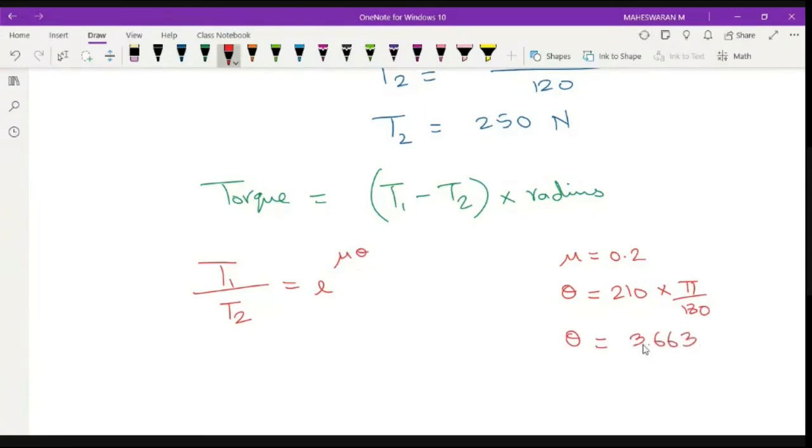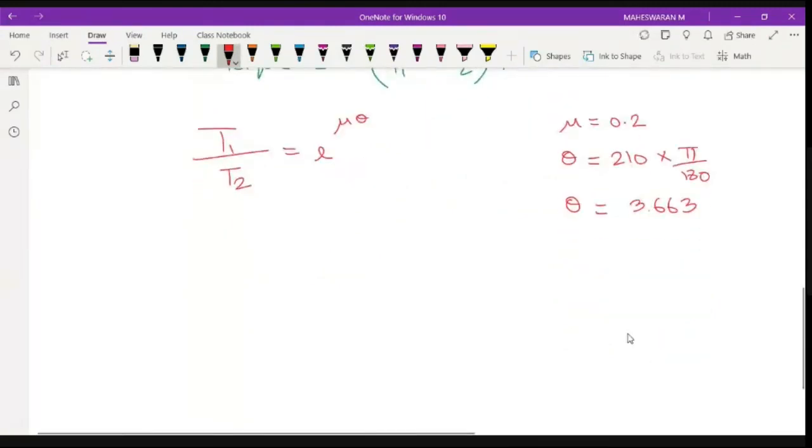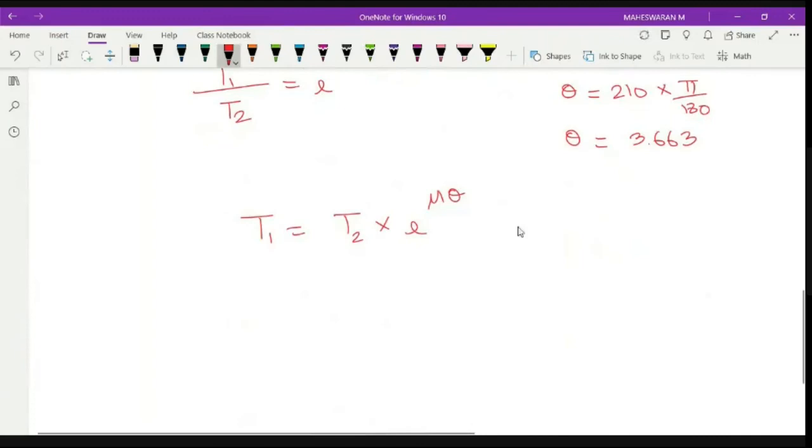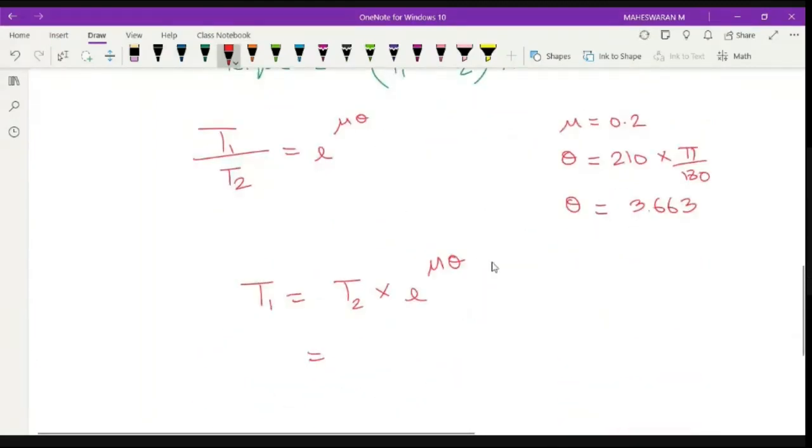Okay, good. So now I can apply this formula. T1 is equal to T2 into e power mu theta. T2 I know already, which is 250.